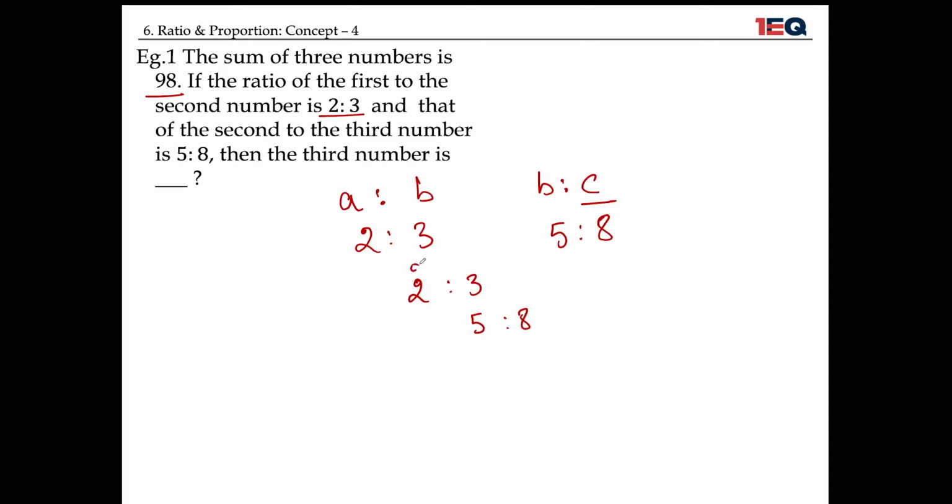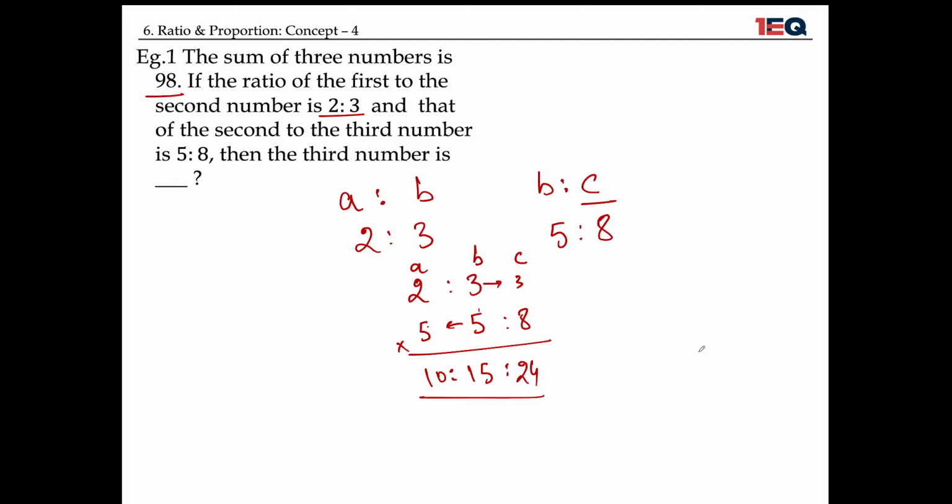Now they are in order, and they are the values of A is to B is to C. Shifting this over here as 5, shifting this over here as 3, quietly putting a multiplication sign. 2 5s are 10, 5 3s are 15, and 3 8s are 24.